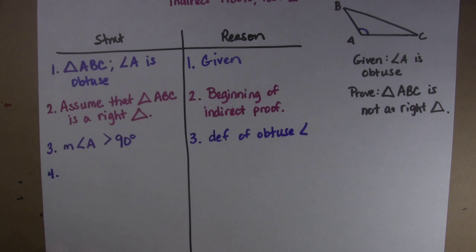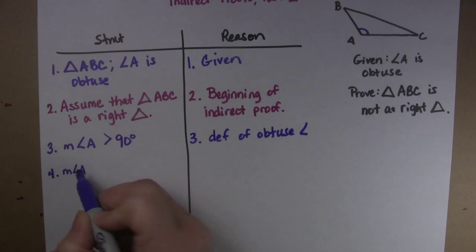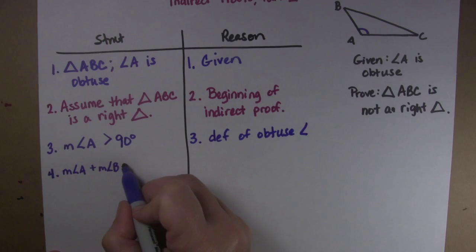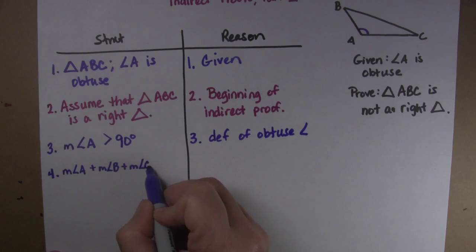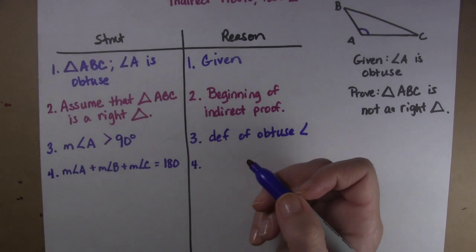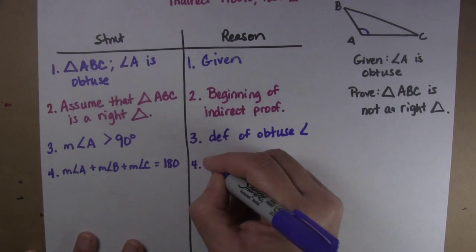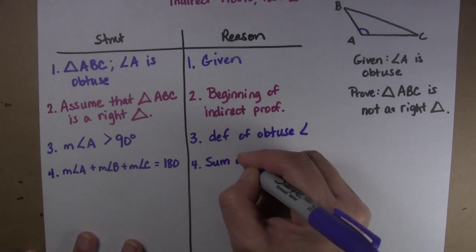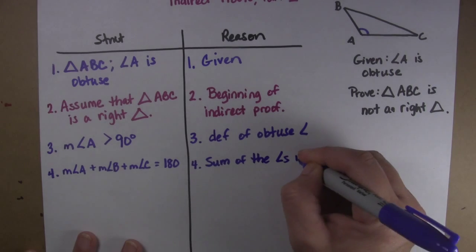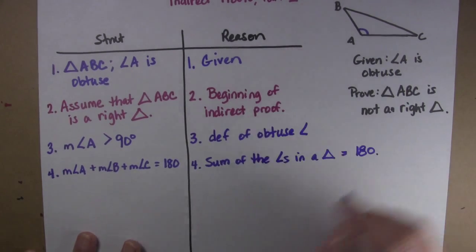All right, so my fourth step, I'm going to say that the measure of angle A plus the measure of angle B plus the measure of angle C equals 180 degrees. And the reason I can say that is because we have a theorem that says that the sum of the angles in a triangle equals 180 degrees.